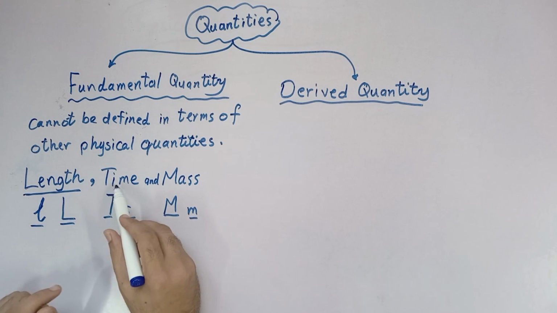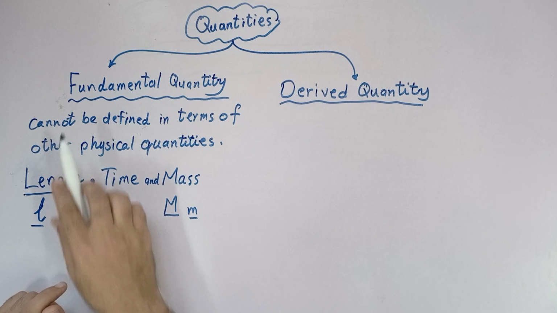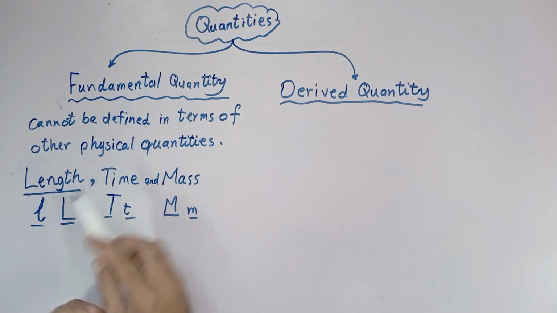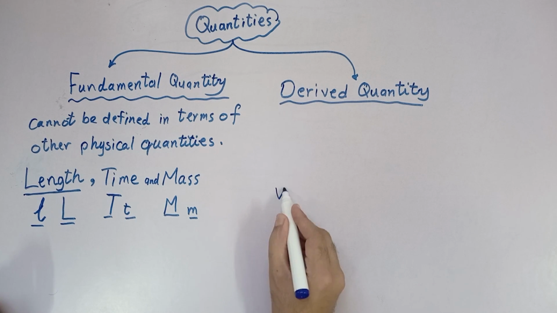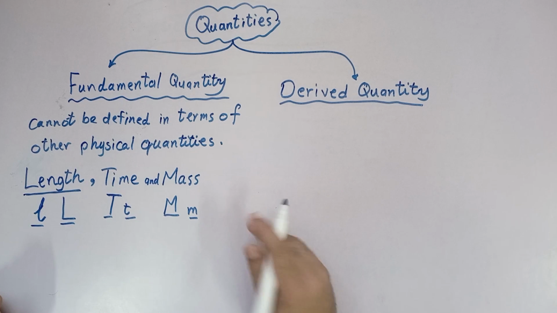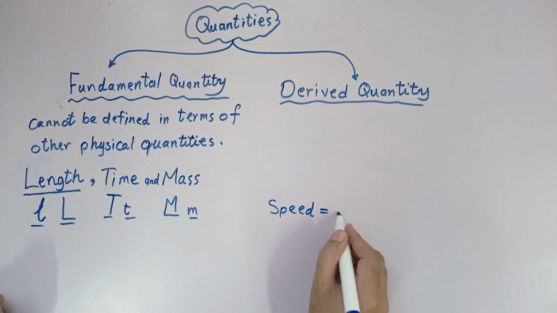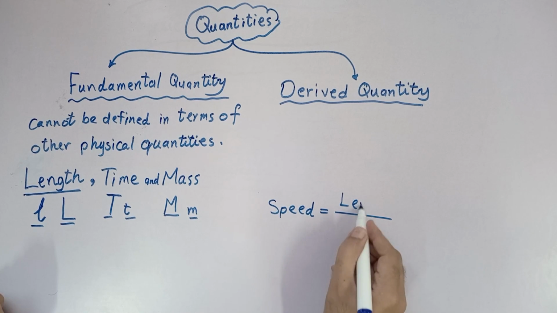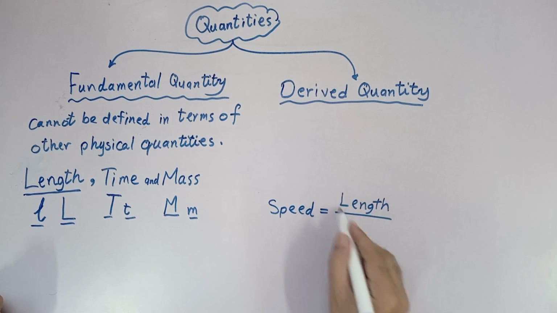So time is a fundamental physical quantity because time cannot be defined in terms of other physical quantities. If you want to define velocity or speed, you have to measure the length first and divide the length by time.